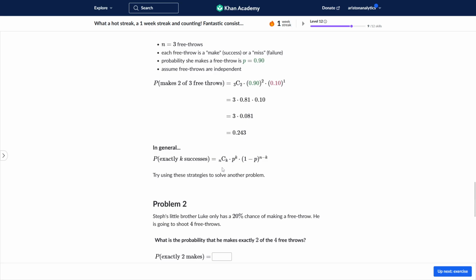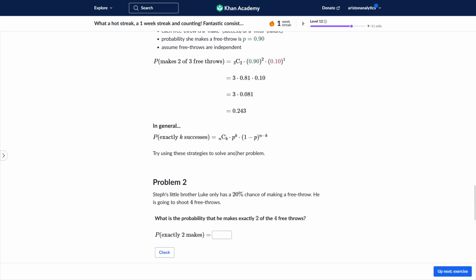So all the possible combinations for success. And then you multiply it by the number of successes you have within the trials, multiplied by the number of failures you have, with respect to their probabilities as well.